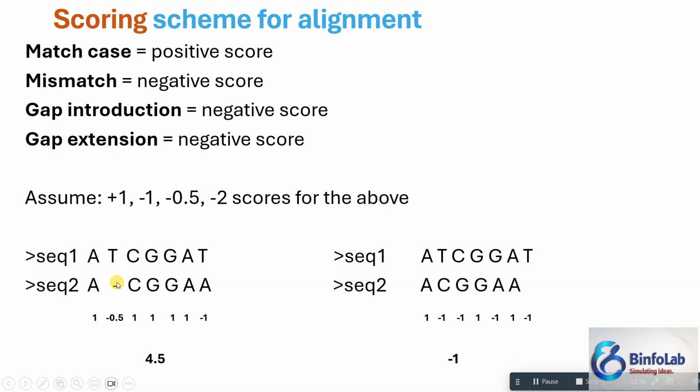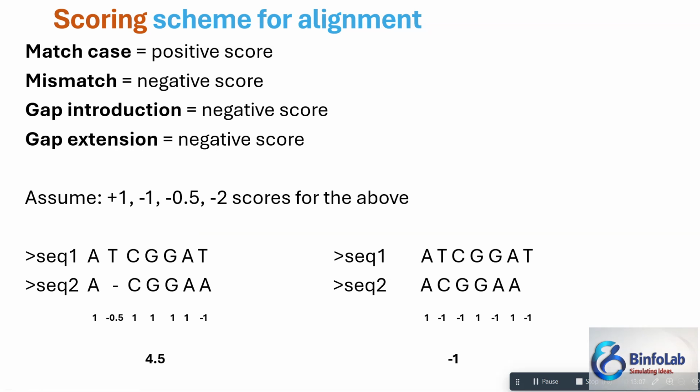But a question may come to your mind: if gaps are so important, then why a gap extension penalty? Why do we give a gap extension penalty? Because if you increase these gaps beyond some level, by this rule you can make any two sequences identical or similar to each other.